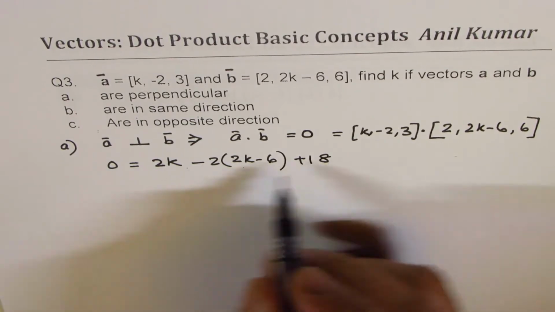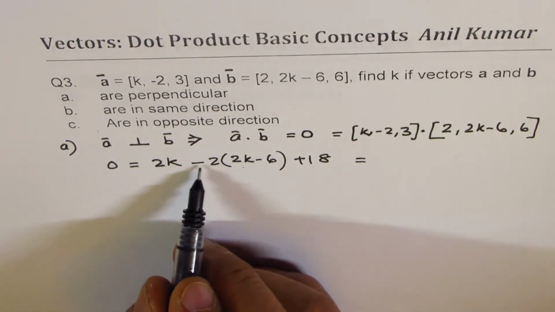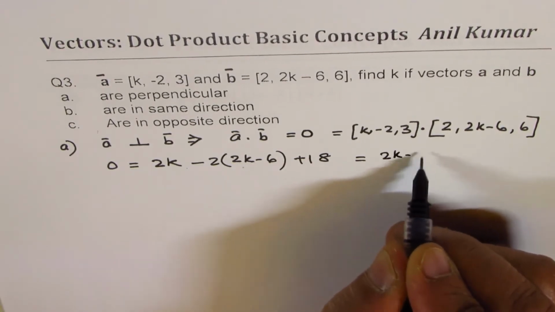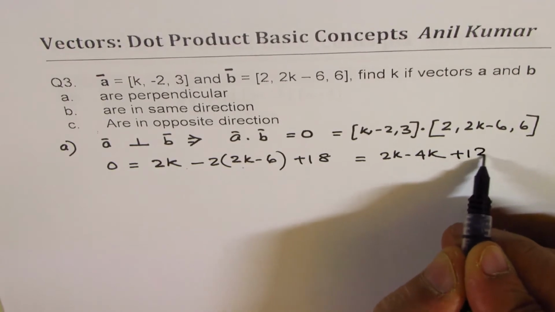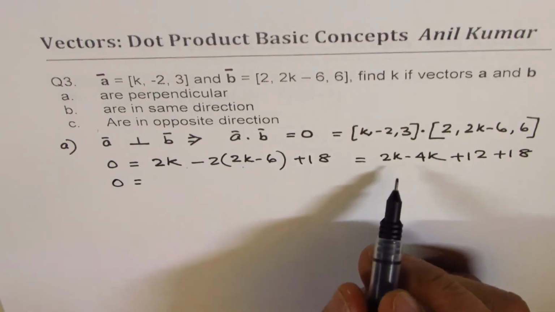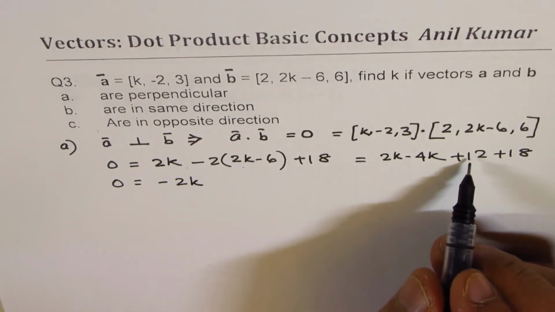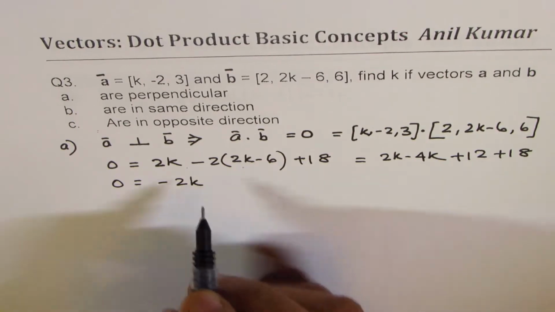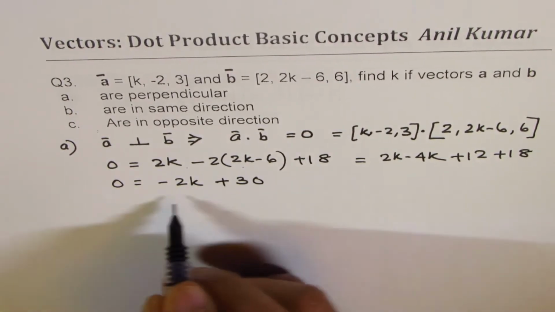So what we get here is this could be written as minus 2k minus 4k, minus minus becomes plus 12 plus 18, or we have 0 equals minus 2k, and that is 10 and 30 plus 30.